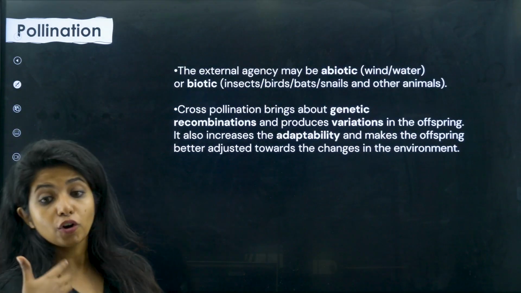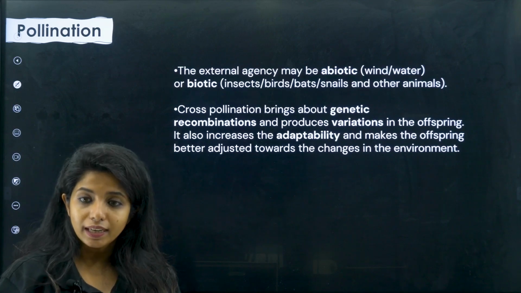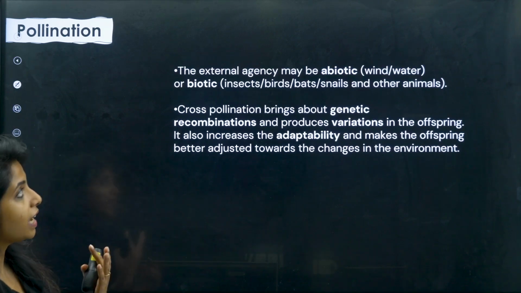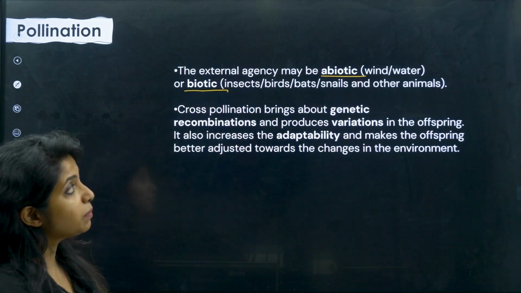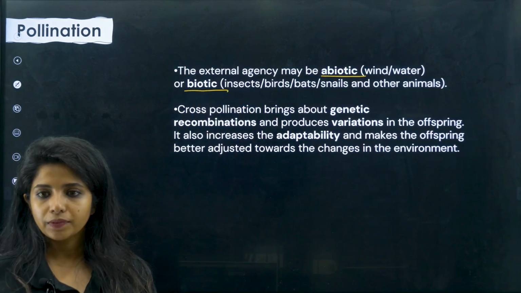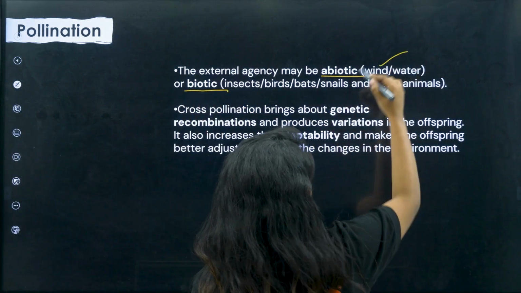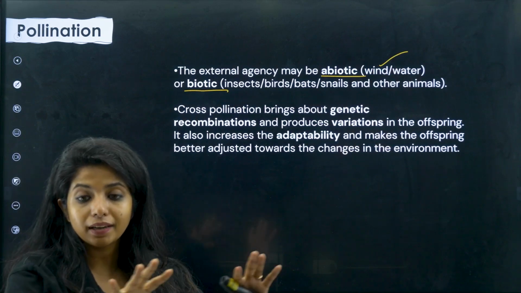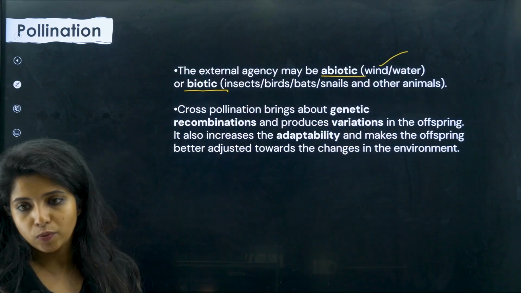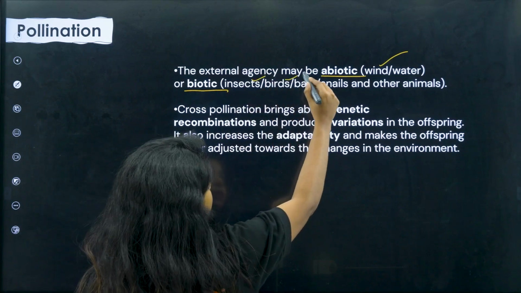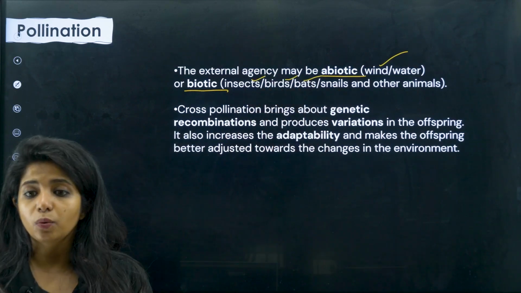Okay, so for cross pollination, obviously you need external agencies, which could be abiotic factors or biotic factors. Abiotic as in wind or water. Abiotic is not living. Now there could be biotic factors as well. For example, insects, birds, bats, everything, they come under what?